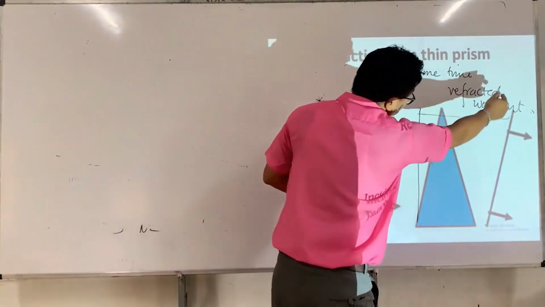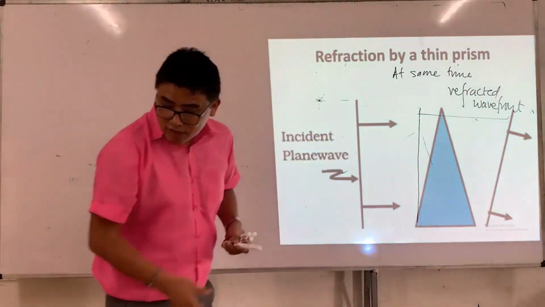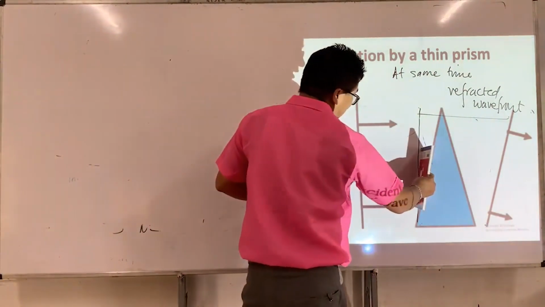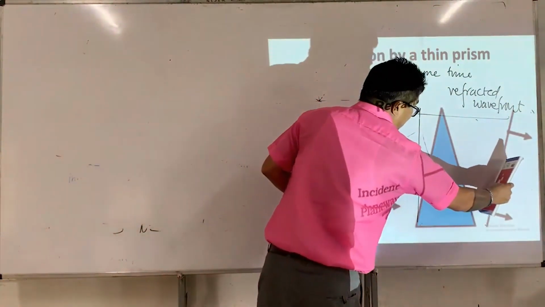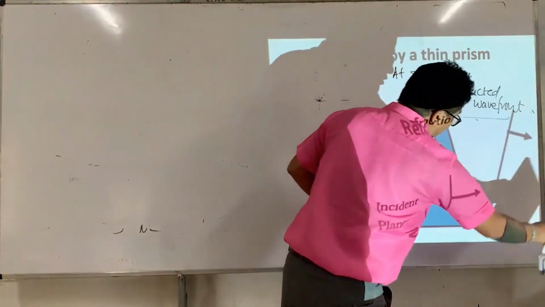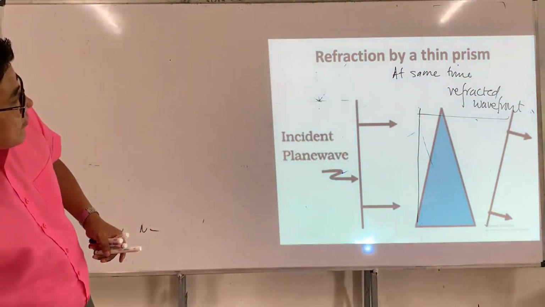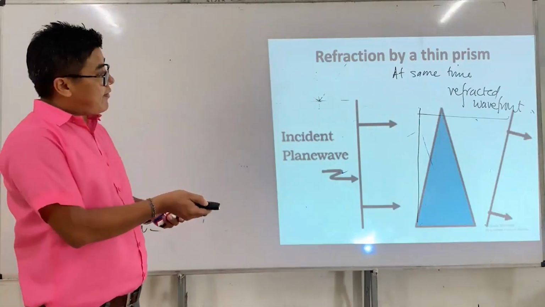So this is what we have. This is how refraction takes place. It goes like this, and then it goes like this. So refraction takes place. Alright. Now next I have another diagram.